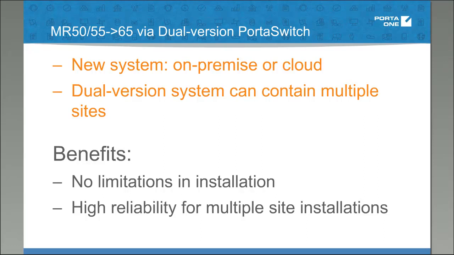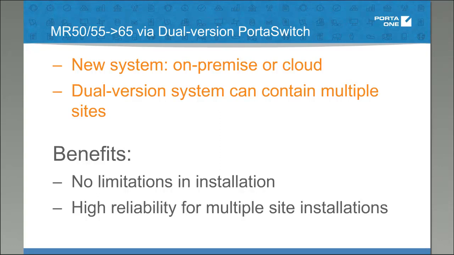While dual version system is used and provides ability to run different versions of the PortaSwitch at the same time, each system, the main or alter ego system, can be set up with multiple sites for increased reliability. So any of the systems can be geographically distributed and have multiple sites.